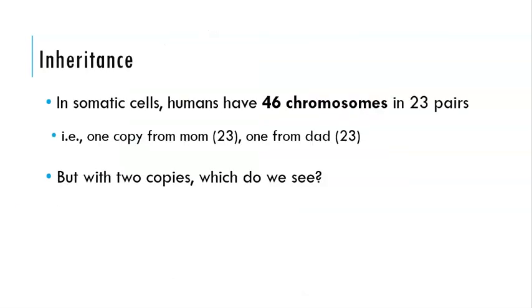So remember that with inheritance, we're talking about those 46 chromosomes, and because we've got 46 chromosomes, when you're getting copies from your parents, you're actually getting one copy from your mom and one copy from your dad. So since you have two copies, how do we know what the phenotype or genotype is going to be?